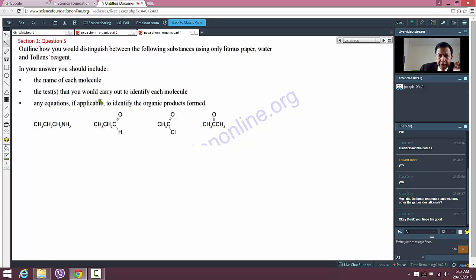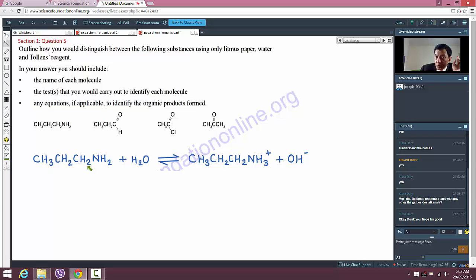Now the name of each molecule has been given, the test, and then any equations if applicable to identify the organic products formed in these tests. So here we are. When you add water to the amine, I told you it is a weak base, and here it is. Rather like ammonia, it gains an H+ from a water molecule. So we'll end up with CH3CH2CH2NH3+, and by the Brønsted-Lowry acid-base theory, the H+ came from the water molecule, so that becomes OH-.